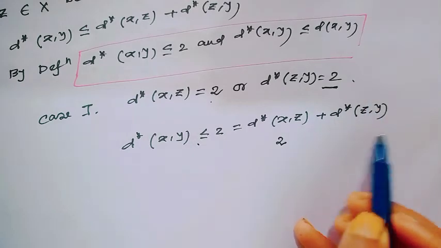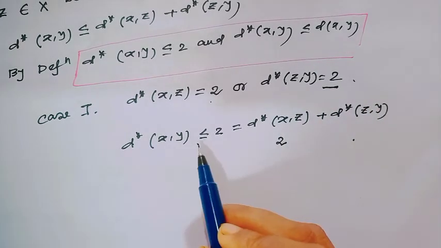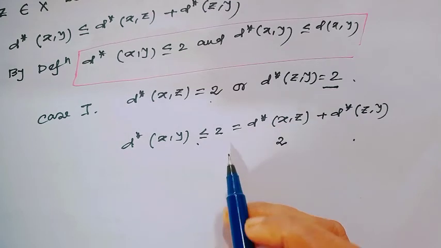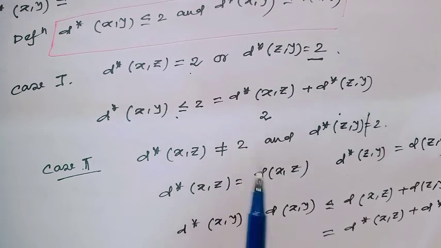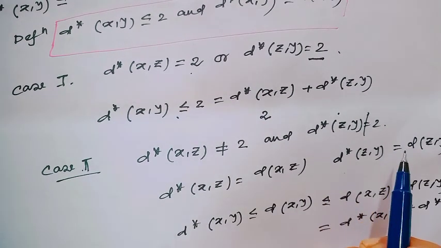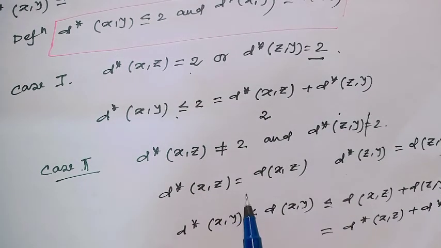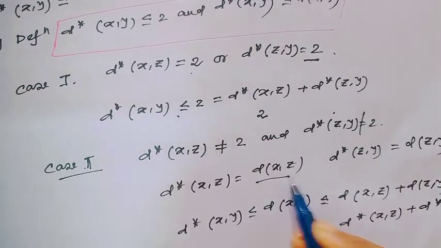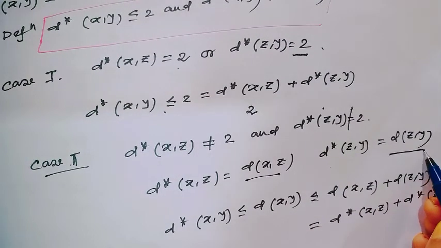Case 2: consider D star xz not equal to 2 and D star zy not equal to 2. Then D star xz is obviously equal to D of xz and D star zy is obviously equal to D of zy.